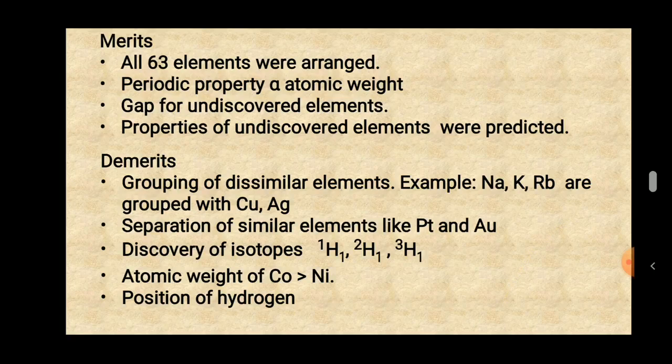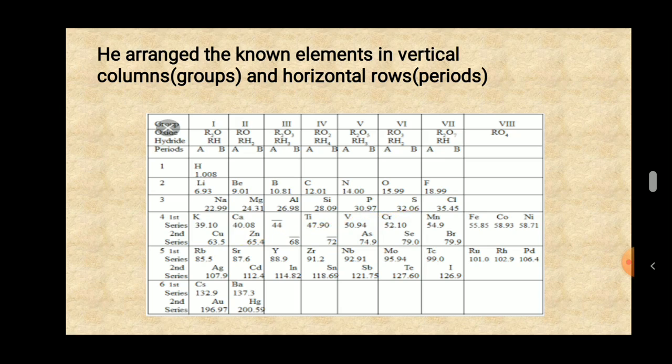Different atomic mass and same atomic number. So the atomic mass is different: 1, 2, 3. So with the discovery of isotopes, what happened here is that in the group, for hydrogen only one place is given.